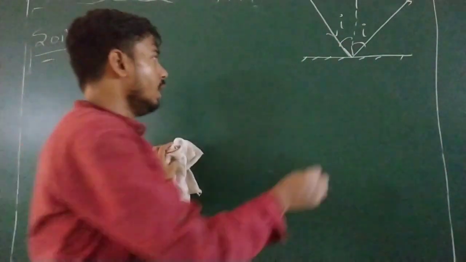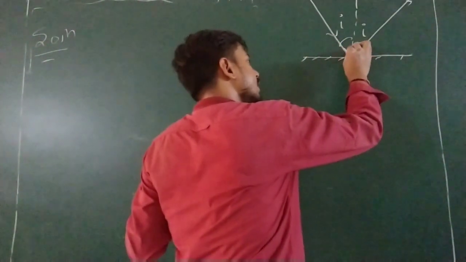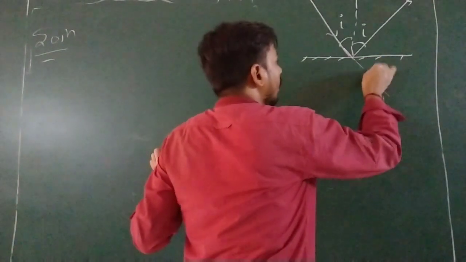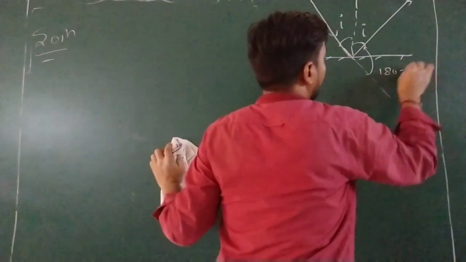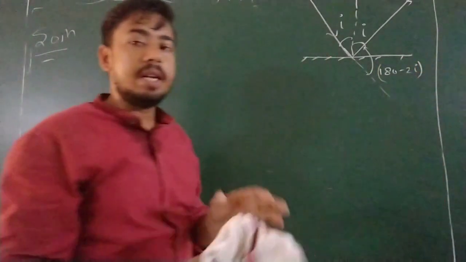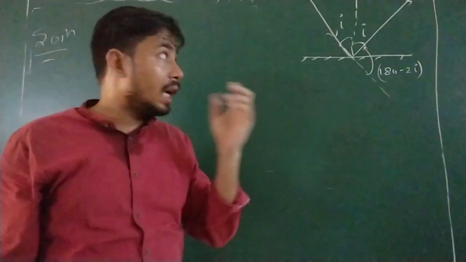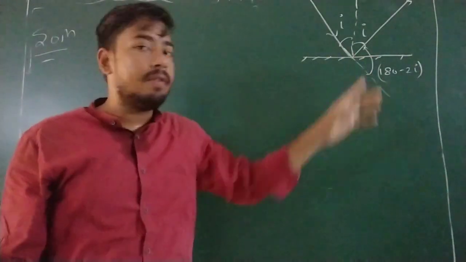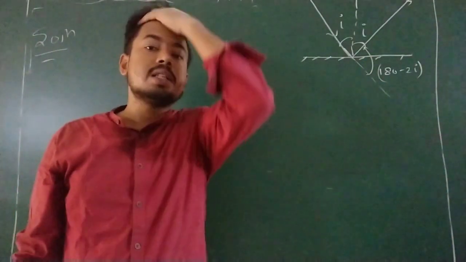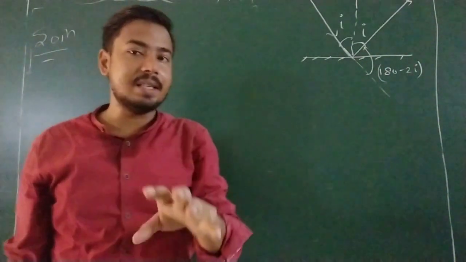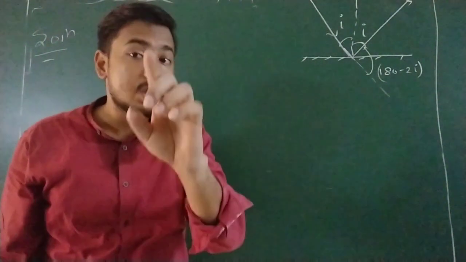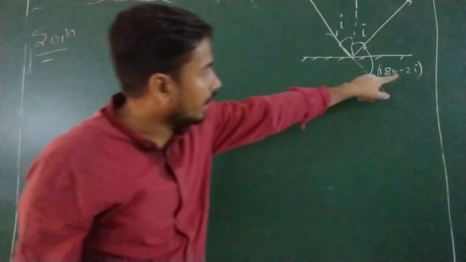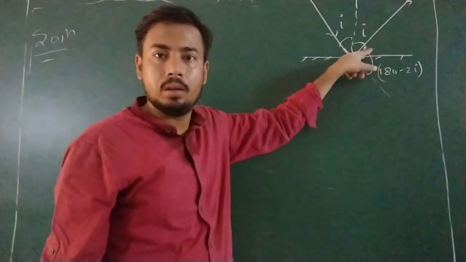No issue. If you extend this one, this is 180 minus 2i. So if anybody asks me what is the angle between the incident ray and the reflected ray, according to the concept of vector algebra, I will say the angle between the incident ray and the reflected ray is 180 minus 2i, not 2i.